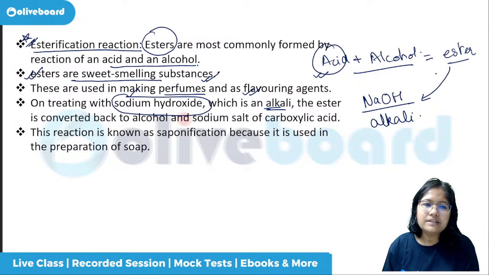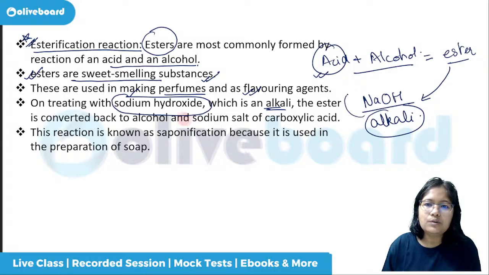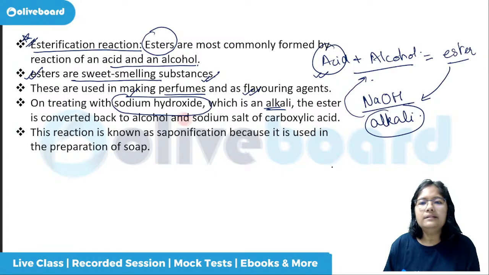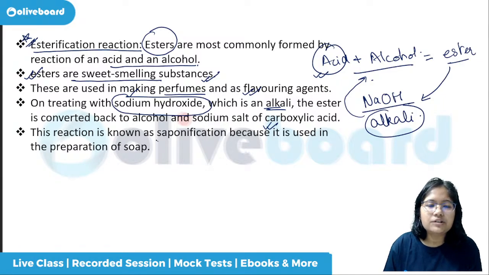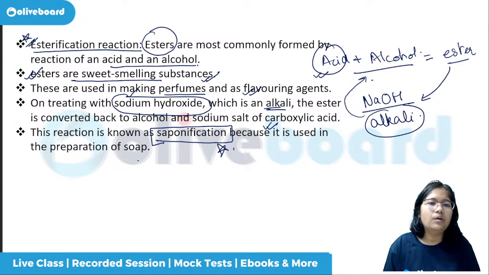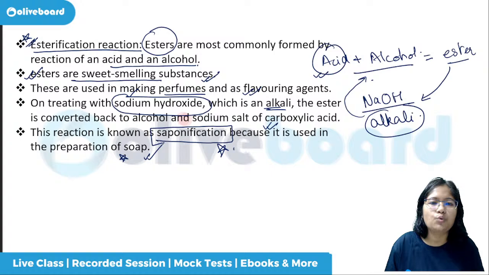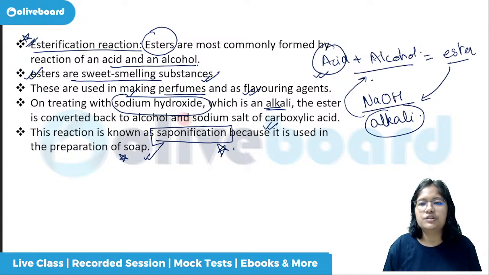But now if it is treated with the alkali, then it will be converted back to alcohol and the sodium salt of the carboxylic acid. And this reaction is known as saponification reaction. This is used for the preparation of soap. That is the saponification reaction for making soap.